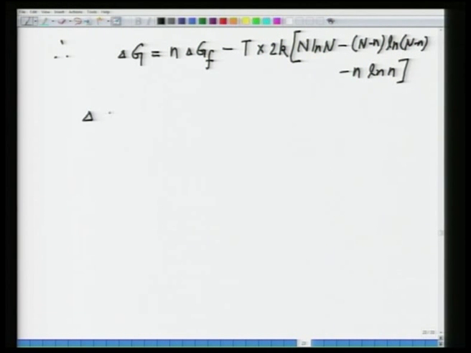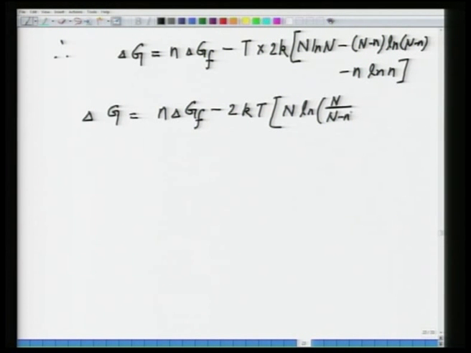So, this delta G, now you can write it as n delta Gf minus of 2kT into, if you rearrange these, what you will get is N ln N divided by N minus n plus n into ln of N minus n divided by n. This is what you are going to get if you rearrange these.